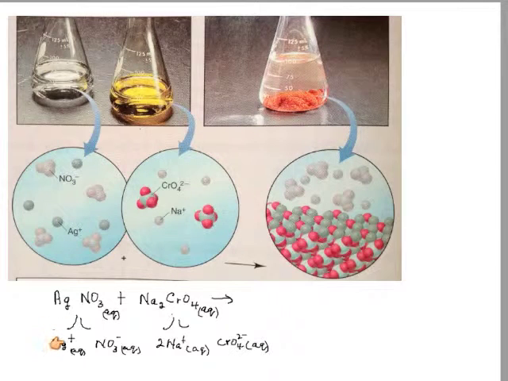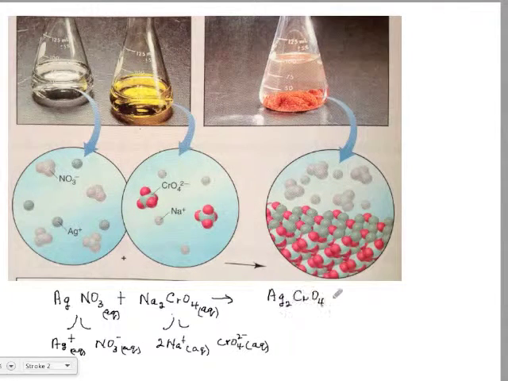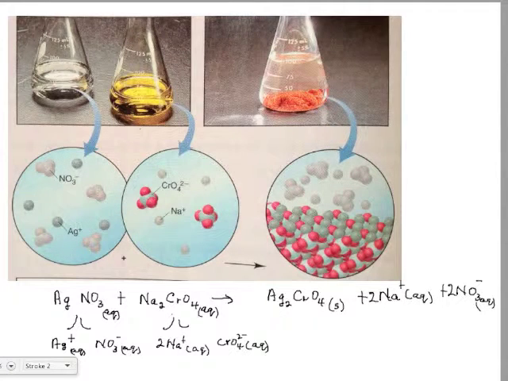Now what happens is that silver, instead of combining with sodium, can combine with chromate, and it forms an insoluble compound, silver chromate, and that's an insoluble compound that is shown right over here. And the sodium and the nitrate will combine, but because they are both soluble, they will remain as ions in aqueous environment. So this is an example of a precipitation reaction.